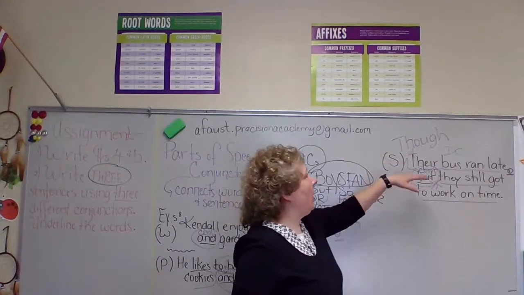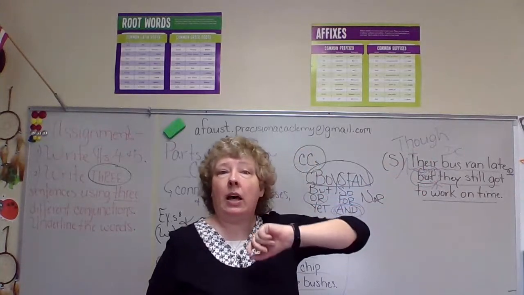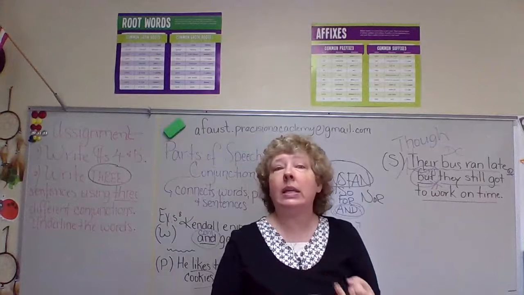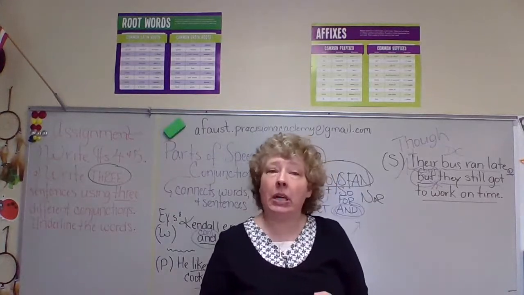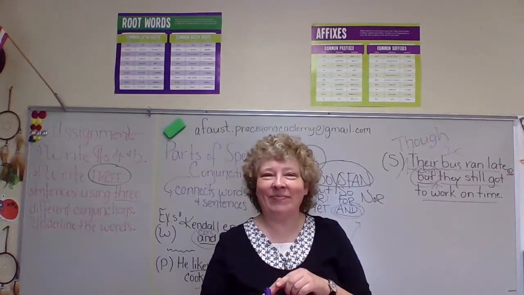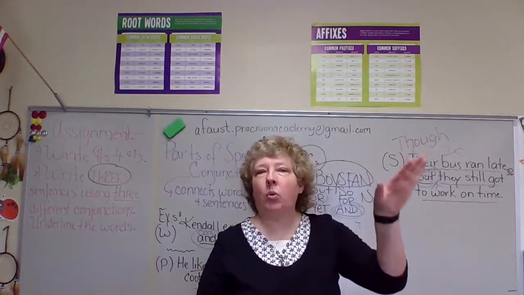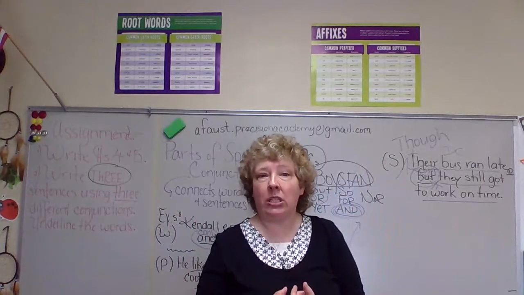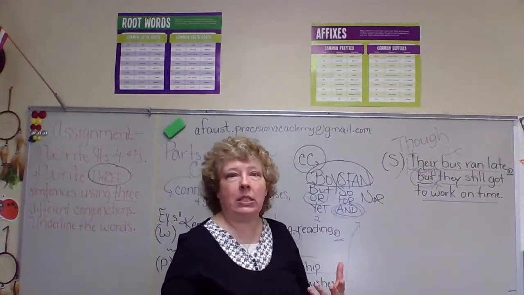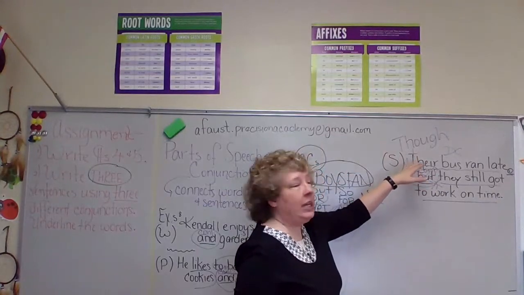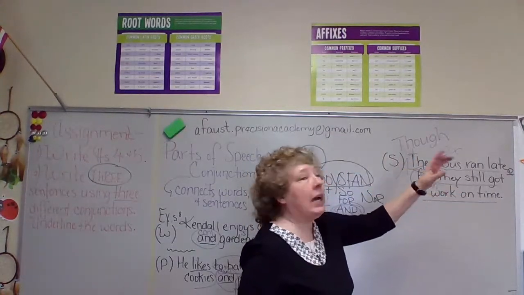Okay? So, I'm using the subordinate conjunction though. Remember, there's also although, if, since, because, when, whenever. Okay? And many more. But those are some examples of your subordinate conjunctions. Okay? Key ones. So we've got though, then we lowercase the t here, their bus ran late, comma.